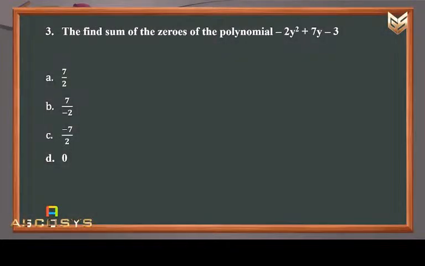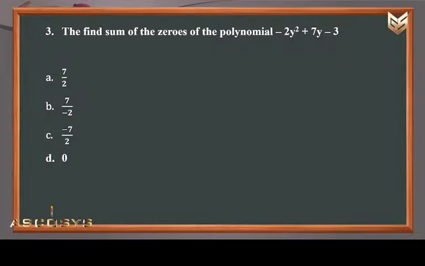Find the sum of the zeros of the polynomial minus 2y square plus 7y minus 3, and your options are A) 7 by 2, B) 7 by minus 2, C) minus 7 by 2, D) 0. So what is the correct answer?